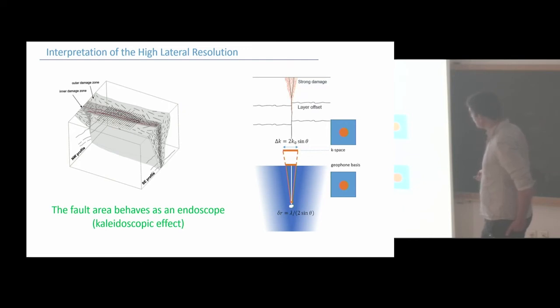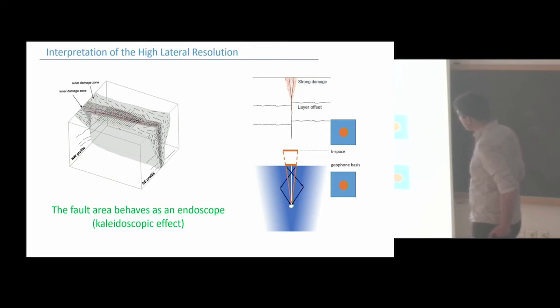And so the resolution is given by lambda over 2 sin theta, where theta is the angle under which you see the array of geophones. And actually, we found a resolution which is much better than that. So one possibility, and we'll see in the volcano we have the same result, we'll try to dig a bit into that.